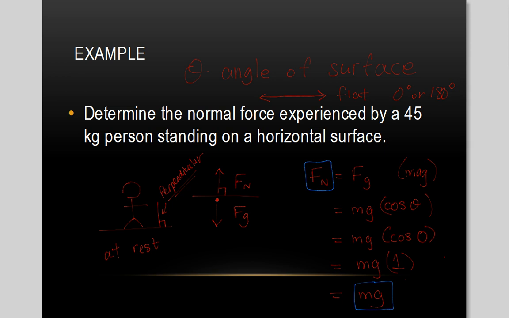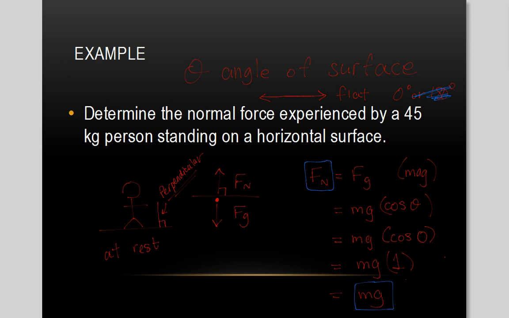Now what happens is when we move to the ramp, this is not true. But students will always think that Fn equals Fg, always. But it's only true for flat surfaces. And just use 0 degrees for this formula. In fact, when I see this, I don't even think of that cos theta. I just go Fn is equal to Fg. They're directly opposite of each other.